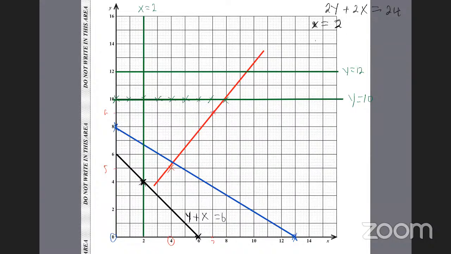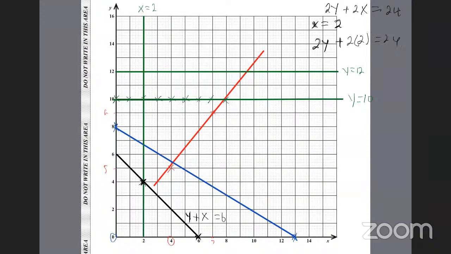So that would be 2 by y plus 2 by 2. Remember, what we're trying to do is find y when x is 2. So when you pick x is 2, you put in x as 2 and make it equal to 24.